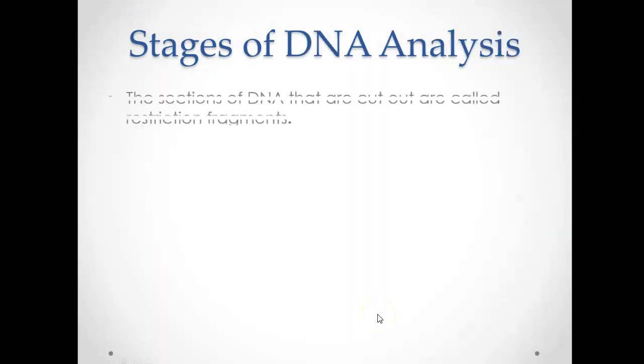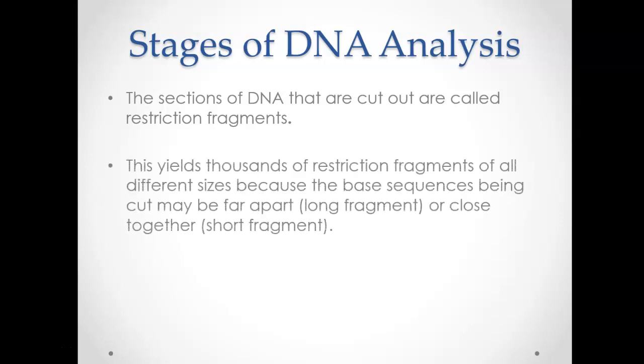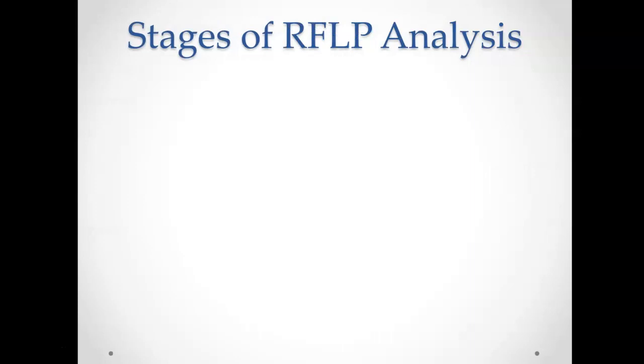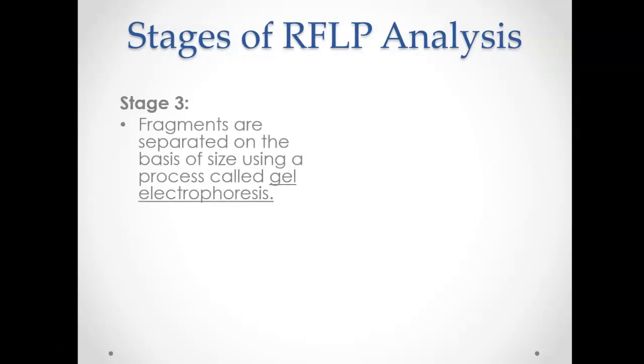These are called restriction fragments, and you get thousands of restriction fragments of all different sizes, because that sequence we were looking for may be many, many bases apart in some people, which creates a really long piece of DNA, or it could be really close to the next sequence, and so it's a very short fragment. So what's different in every person is the size of your fragments.